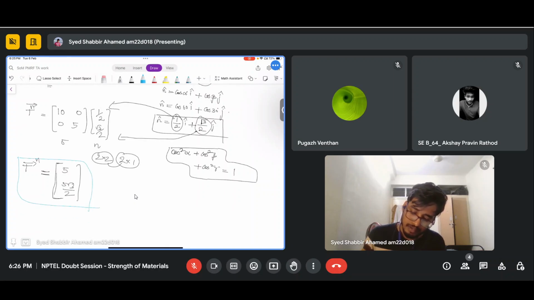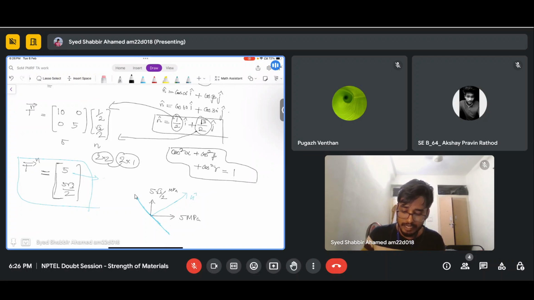This is the stress vector acting on that plane. Remember that this is not normal and shear stress. This is the stress acting on that plane. So this is the plane, and this is the normal, and this is 5 megapascal, and this is 5 root 3 by 2 megapascal.